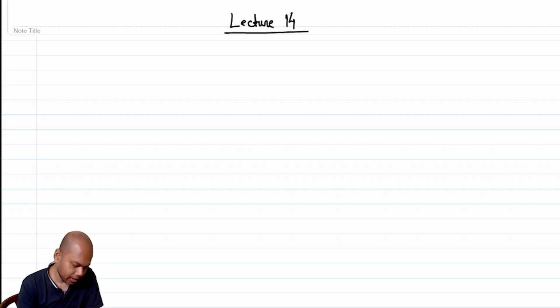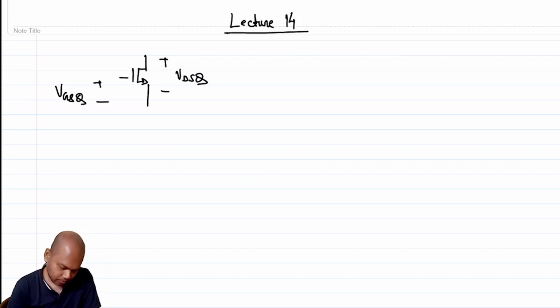So let's say again, I assume we have a common source amplifier. It has been biased, it has some VGS, it has some VDS, and it has some quiescent current IDSQ that is flowing through it.